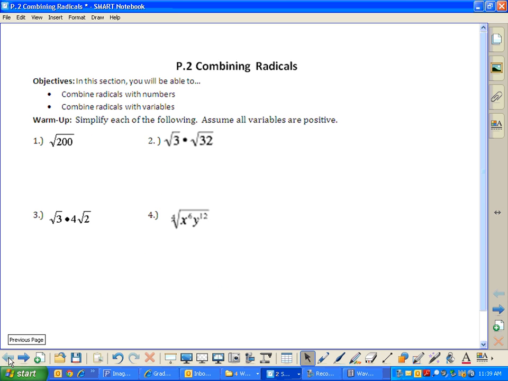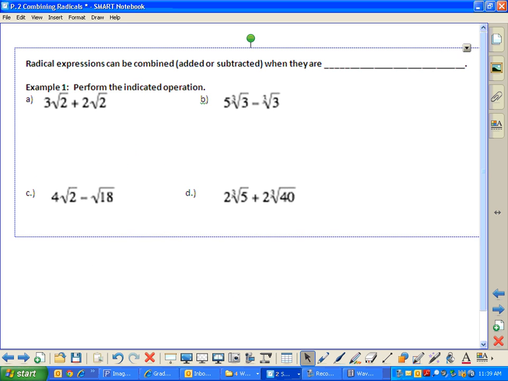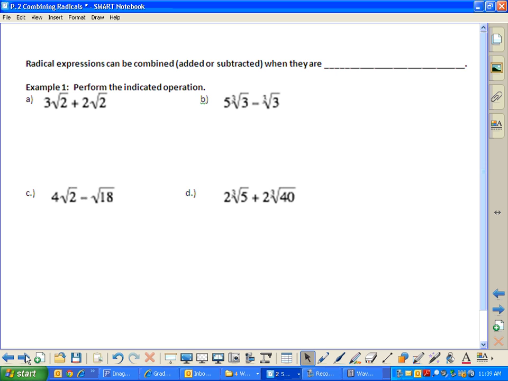And right now we are looking at example 1. There's a little fill in the blank at the top of it. Our radical expressions can be combined, in other words, added or subtracted, when they're like, or like radicals.